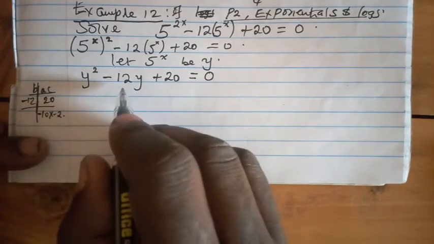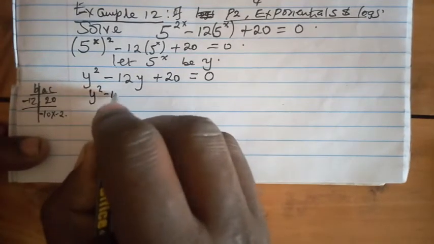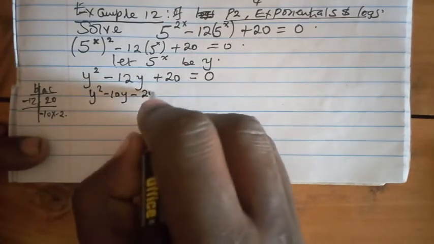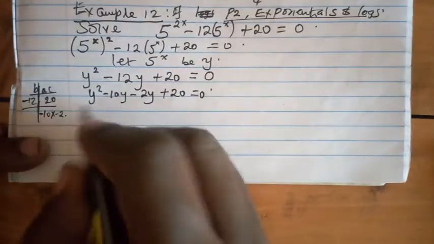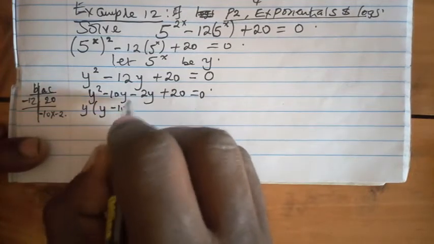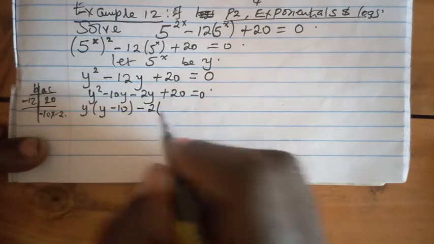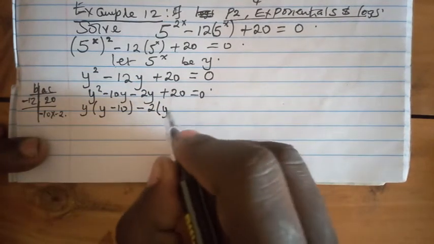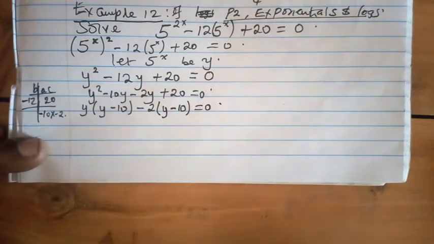So substituting the middle term, we have y squared minus 10y minus 2y plus 20 is 0. y is common in the first two, y minus 10, and then this negative follows, and 2 is common. In the bracket again you have y minus 10 is 0.